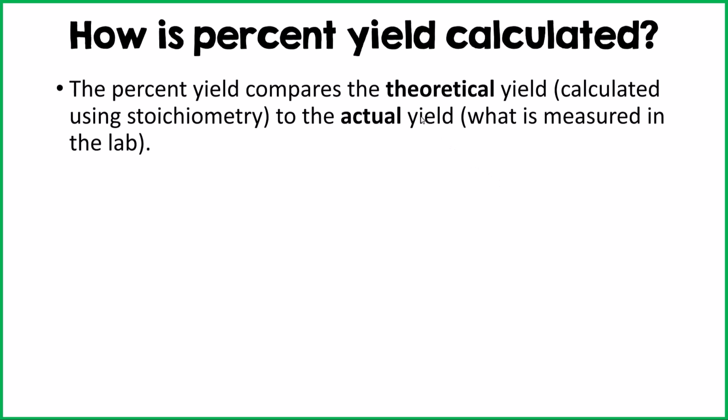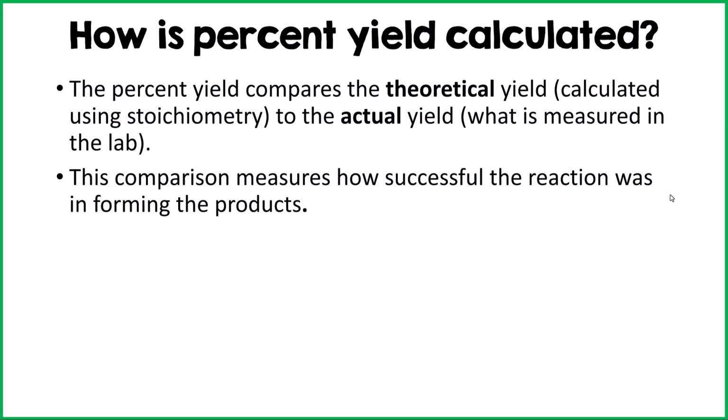And so the theoretical yield is not always the value that we get in the actual lab, because there are a variety of additional reactions that might be happening that we're not accounting for, or there's procedural errors that may change the yield or the amount of the product that can be created. This comparison measures how successful the reaction was in forming the product. The higher the percent yield, the more successful the reaction was.